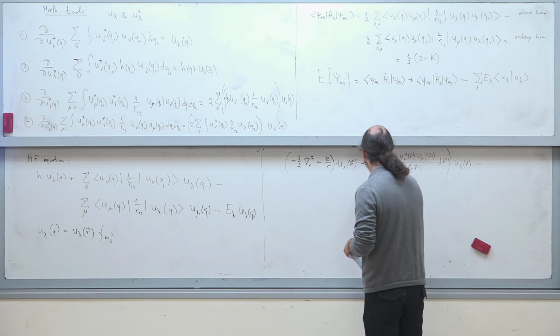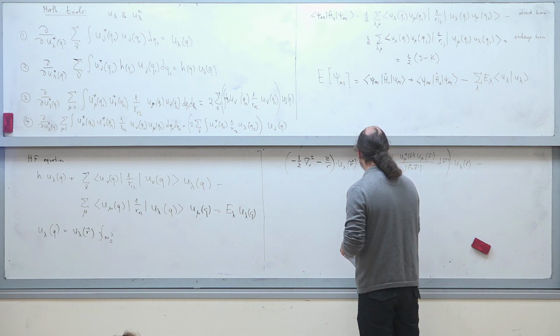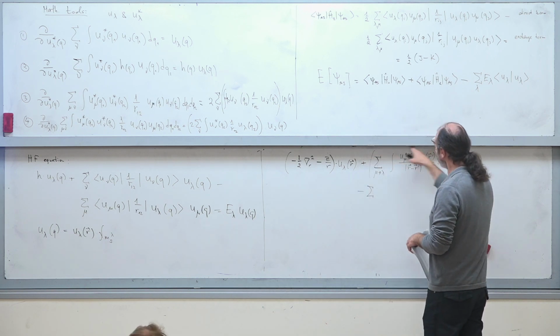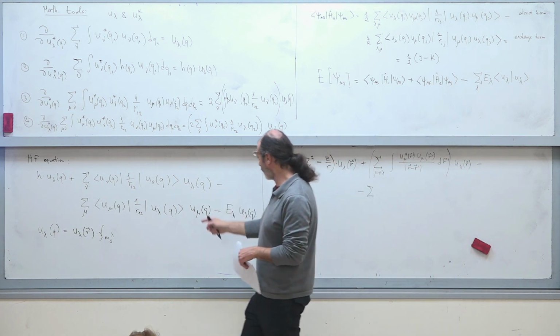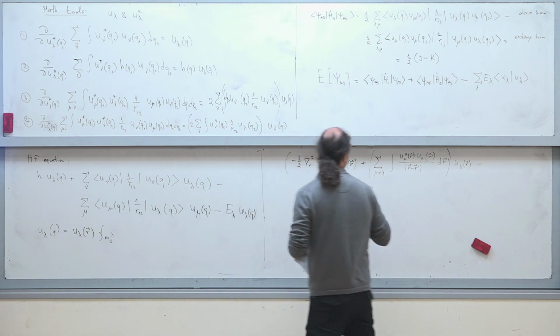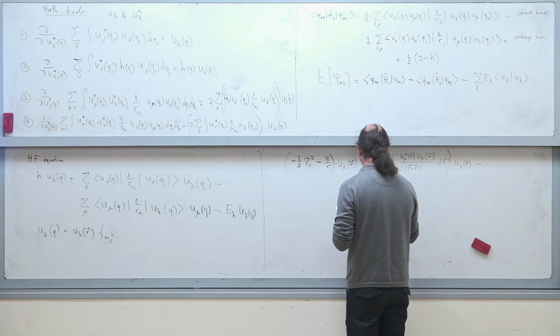So there is another part, right? This is the direct integral, and this is the exchange integral that comes from here. So here we have a summation over mu not equal to lambda.